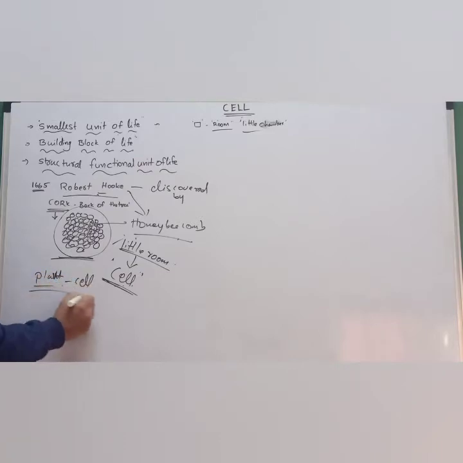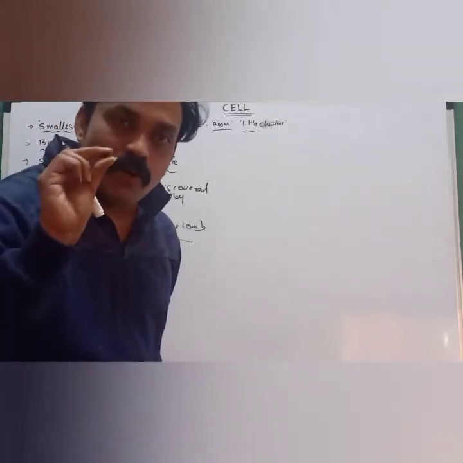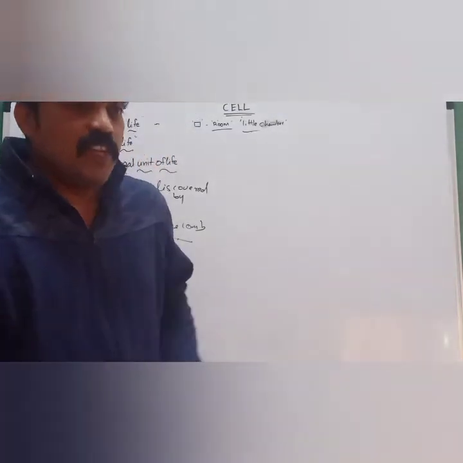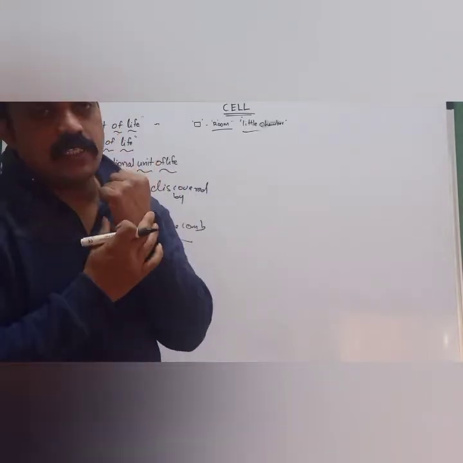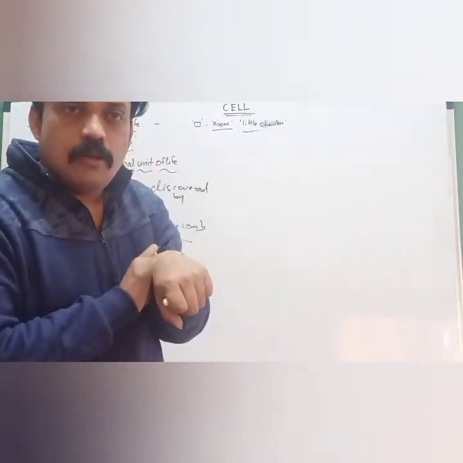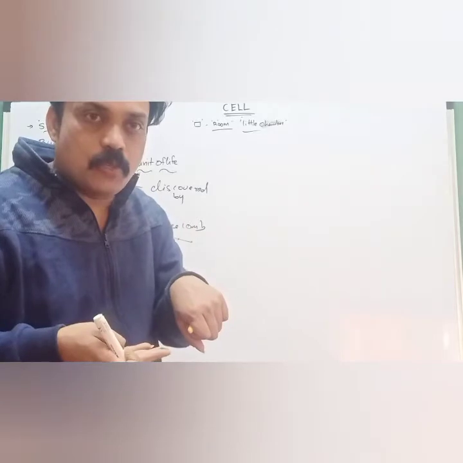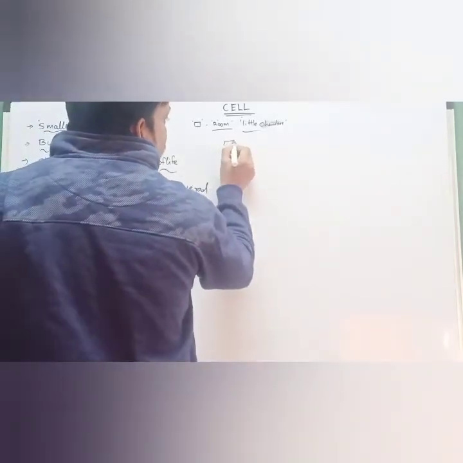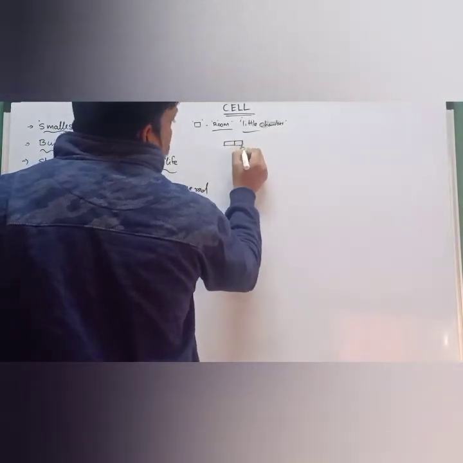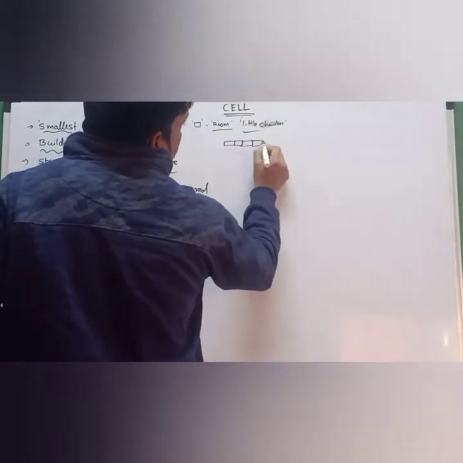Not only plants, even human beings and all animals are made up of the smallest units, the smallest cells. We cannot see these cells. Even our skin is very soft, but if you observe it under the microscope, we will observe small epithelial cells, small room-like structures.